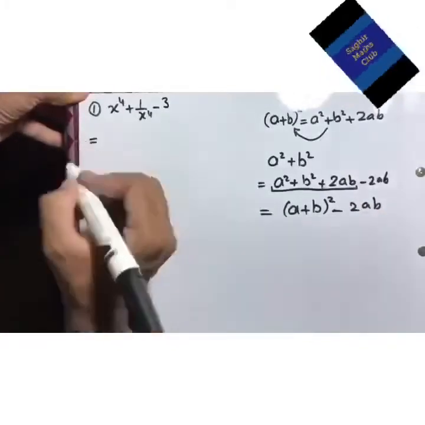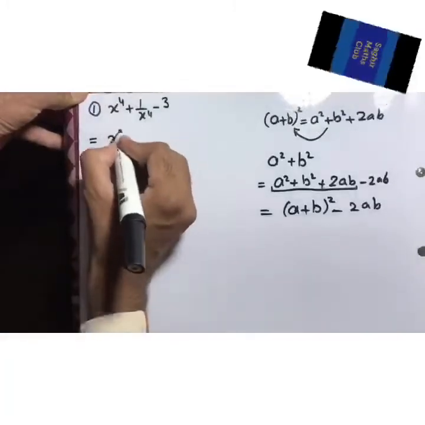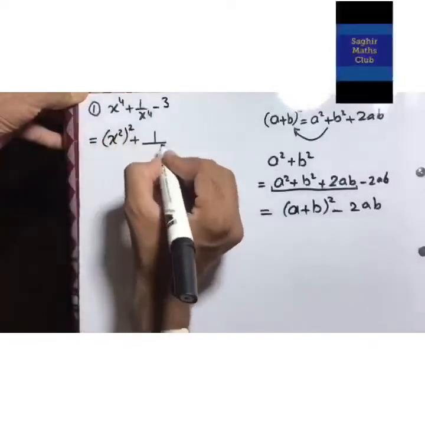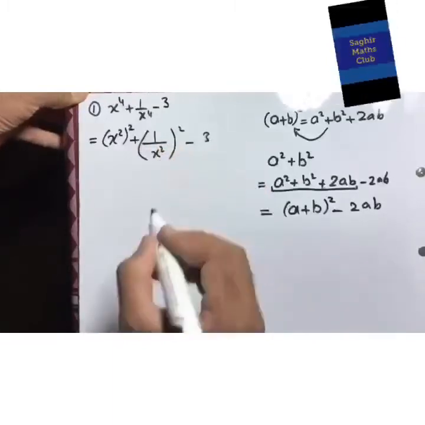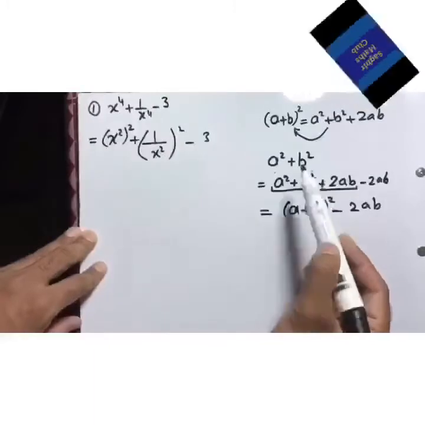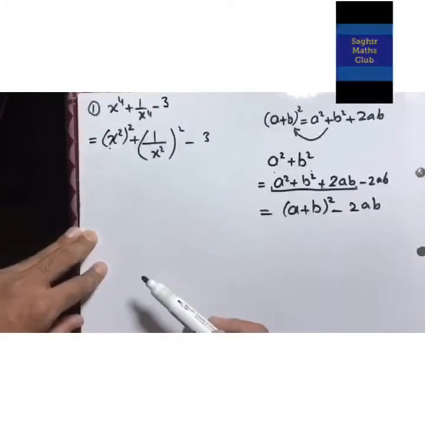Here x square plus 1 over x square minus 3 is given. You can write this as (x square) whole square plus (1 over x square) whole square minus 3. Now it is becoming the situation of a square plus b square. Here a square is x square, b square is 1 over x square.